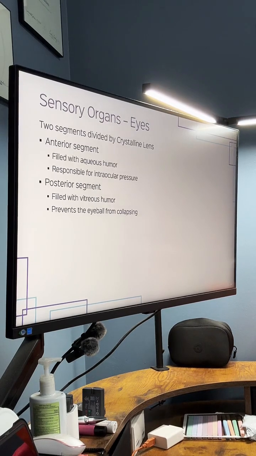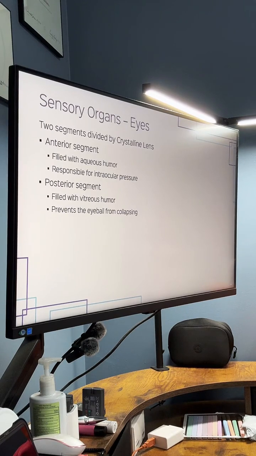The eyeball is separated into an anterior segment that is filled with the aqueous humor, and a posterior segment filled with vitreous humor. The crystalline lens separates the 2 segments. The aqueous humor is responsible for the intraocular pressure within your eye.